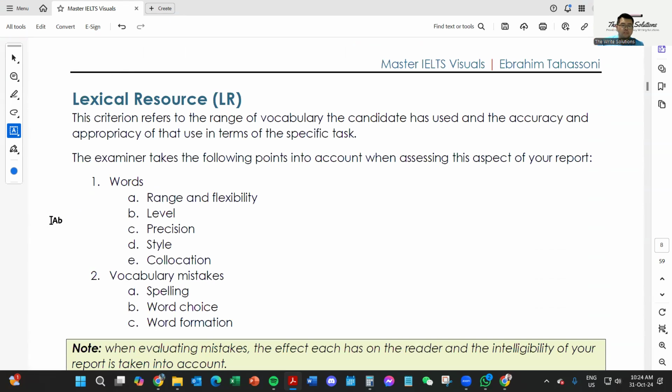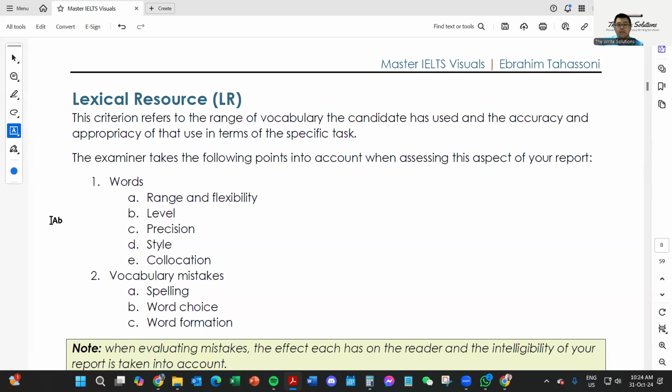Now, lexical resource. It's a fancy word for saying vocabulary. Do you have a big vocabulary, a big range, big flexibility? Do you have a good level of vocabulary? Precision means do you use it correctly or accurately? The style, collocations. Collocations means these words put together, do they form collocations correctly? Collocations have to be learned.